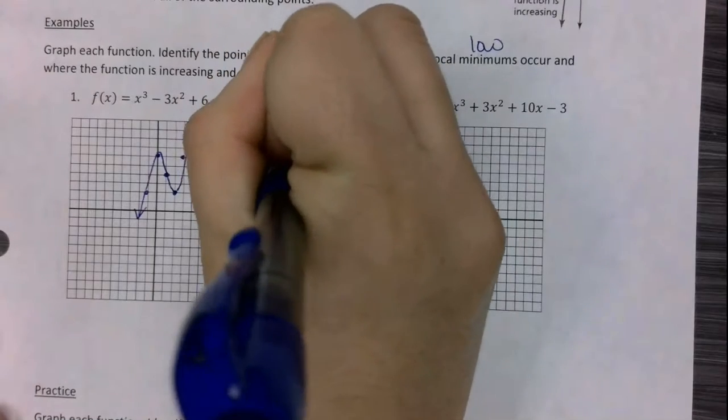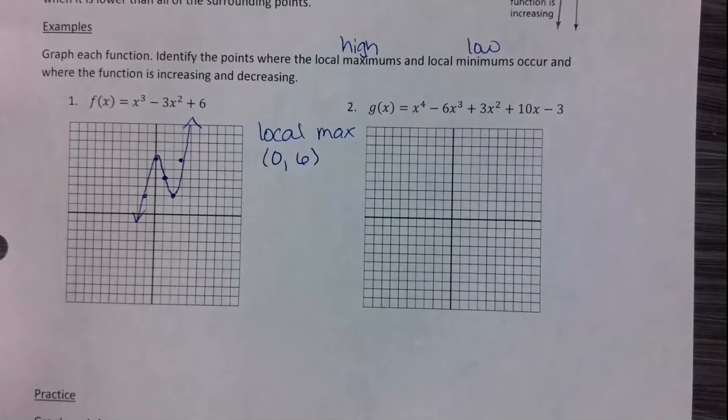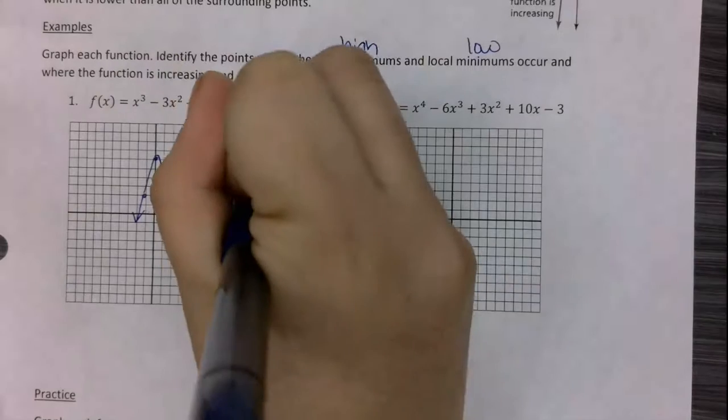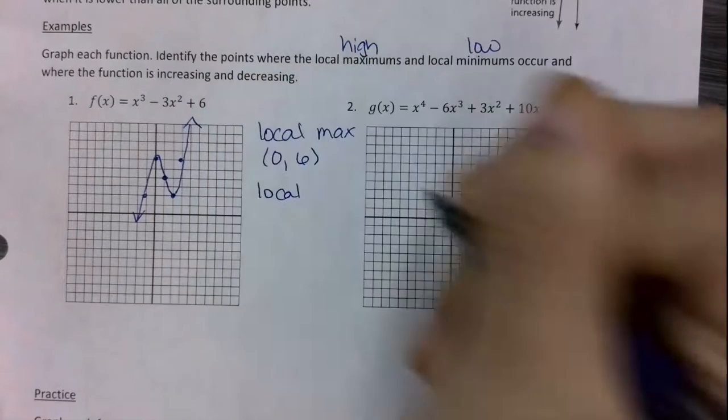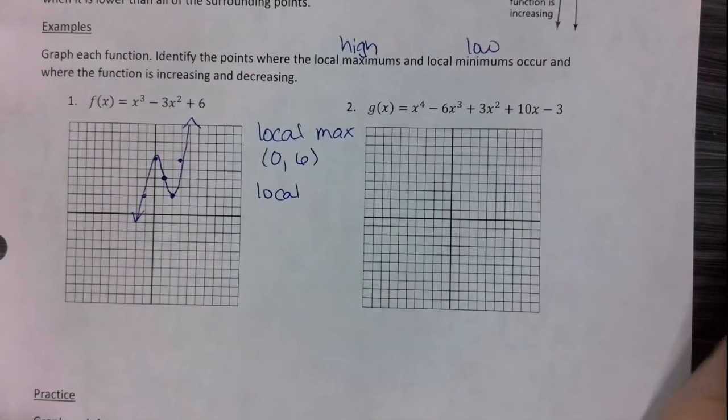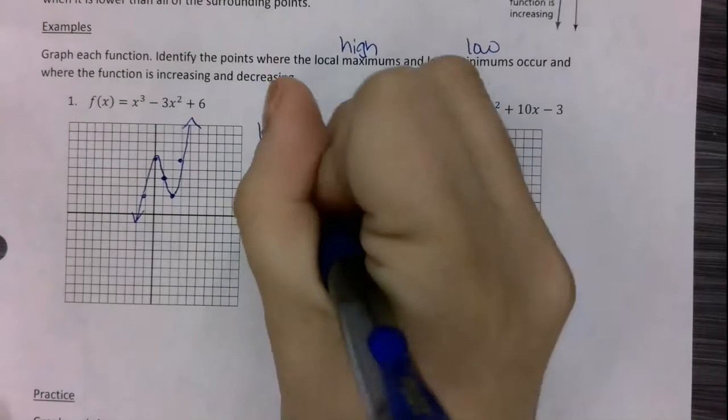Okay. Where is the local minimum at? There's only one. Local maxes and local mins are only turning points on the graph. 2, 2.